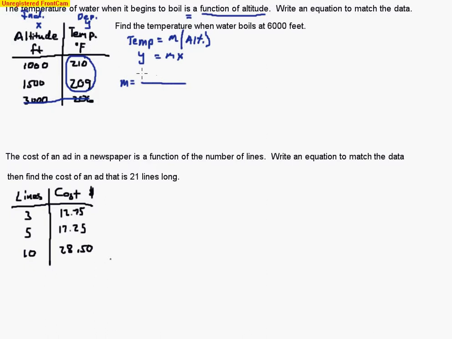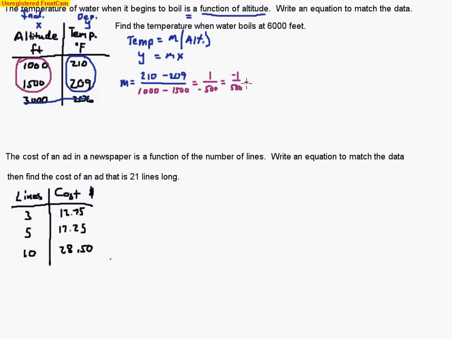So I put 210 up top, minus 209. Since I started with 210, I've got to start with 1,000, so I take these x values and put them on the bottom. I start with 1,000 and take away 1,500. I've got 1 over, and this makes negative 500. So 1 over negative 500 is the same as negative 1 over 500.